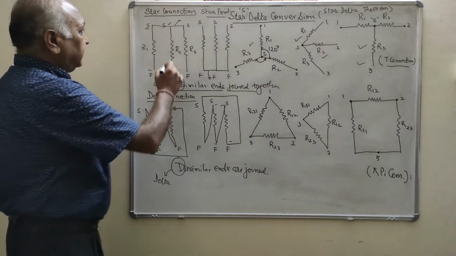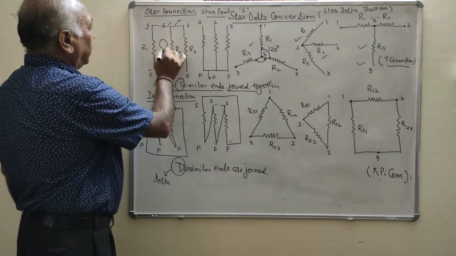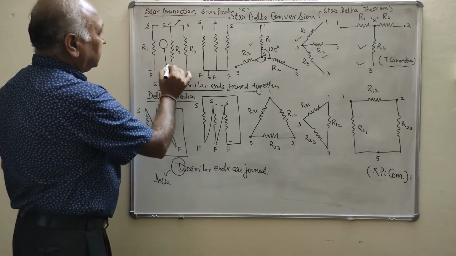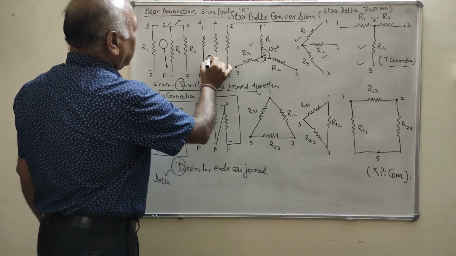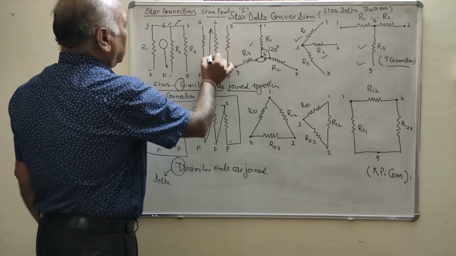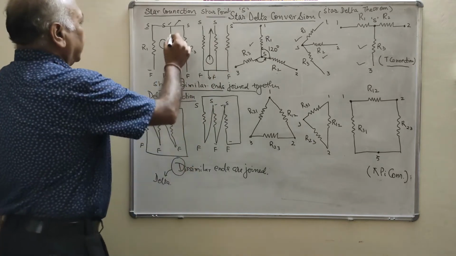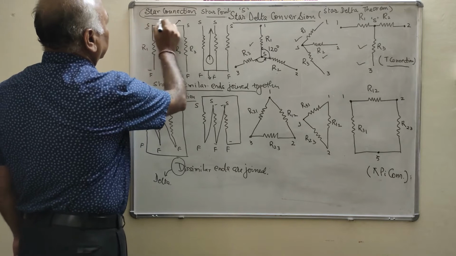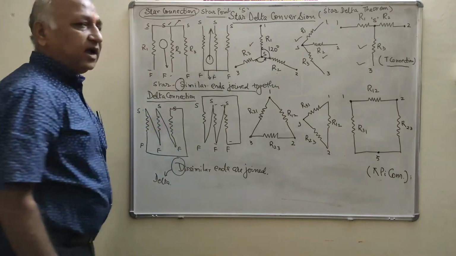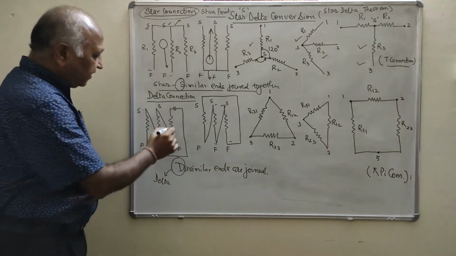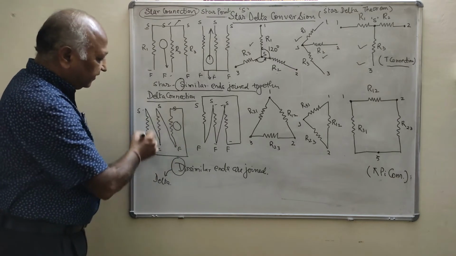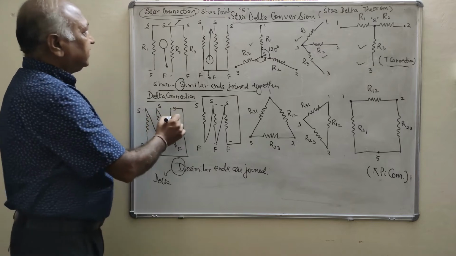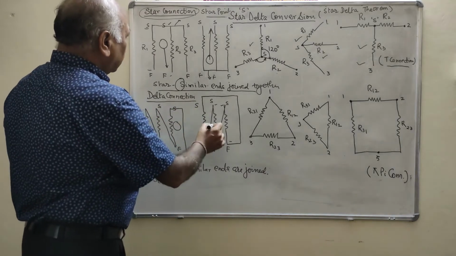Clear? If we put a ball here, it can come out from this side. That means the star connection is also known as the open connection, where if we put a ball here, there is no way to come out from this connection, and that means the delta will be the closed connection.